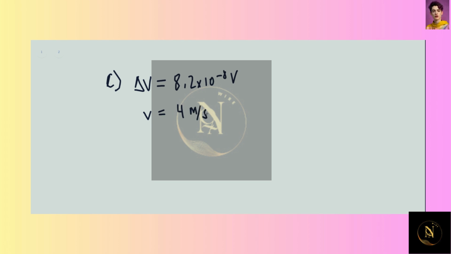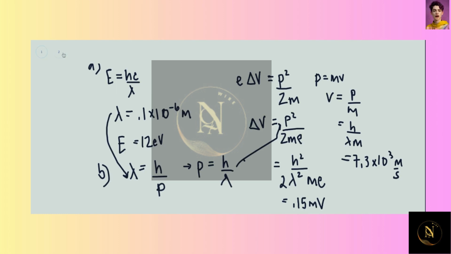So maybe the idea is that it's possible to see the interference effects of electrons through reasonably sized pinholes, which is probably the principle behind TEM microscopes, where you can really see this wave behavior. So 4 meters per second for the protons, and the velocity of the electrons is actually much higher.